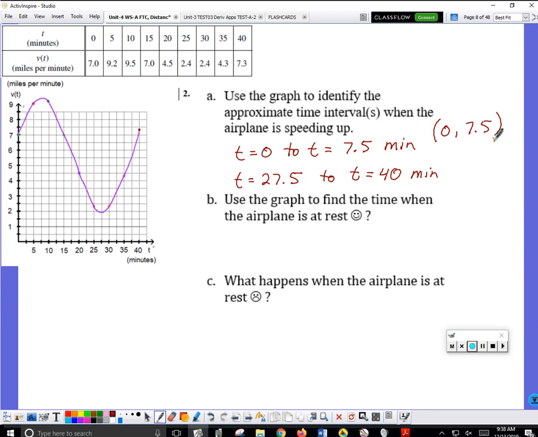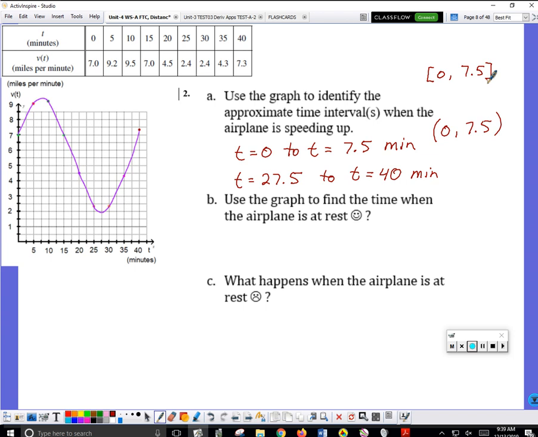Technically we probably should have done a bracket here, because right away the plane is speeding up. Whether we put a bracket or parenthesis here, that's the mathematical dispute. They don't seem to be too critical on the AP test, so I think you're fine either way.